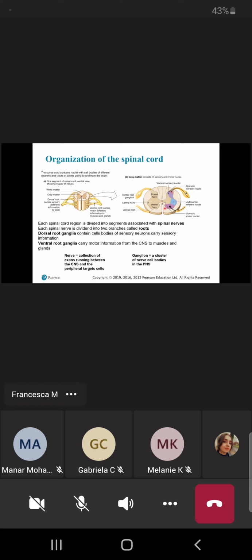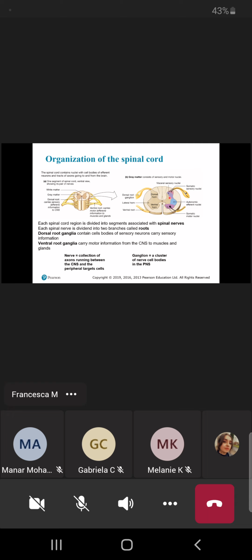So basically the structure is more or less the same, two different horns, but from each one of these horns originate cells with different functions. Sensory neurons from the dorsal horn carry information to the central nervous system, and efferent neurons carry information from the brain, from the nervous system, and regulate skeletal muscle functions.